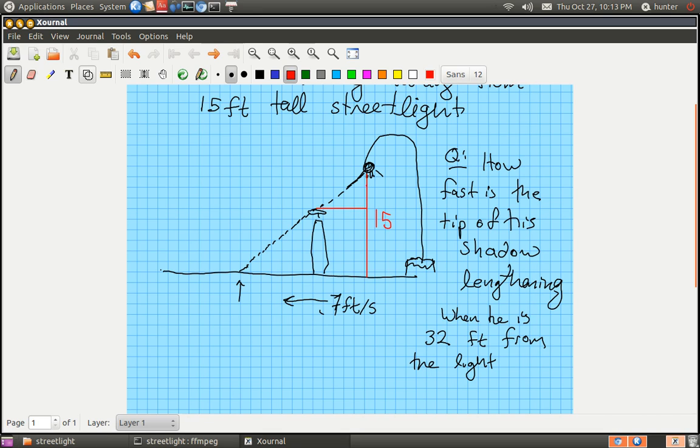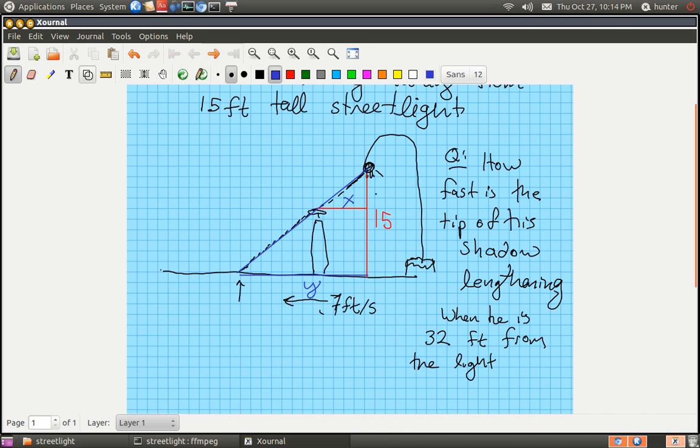Here's another side of this triangle. So we have two triangles, a small triangle and a big triangle. I'm going to call this X, and I will call this bottom side Y.